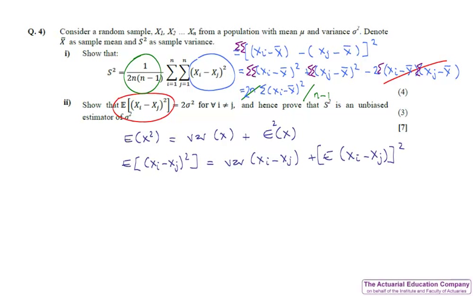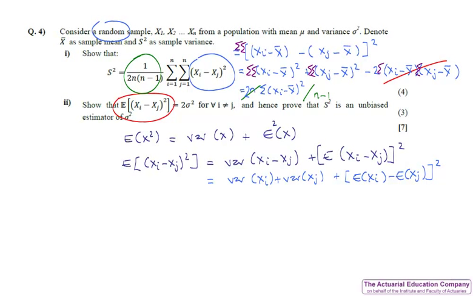We're told in the question that we have a random sample, and so xi and xj will be independent as long as i is not equal to j, which we're told. So we can split up the variance as the variance of xi plus the variance of minus xj, which will be the same as plus the variance of xj, because when we take a constant outside of the variance, we square it. Splitting up the means in a similar way gives the following.